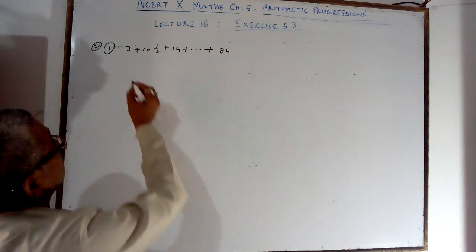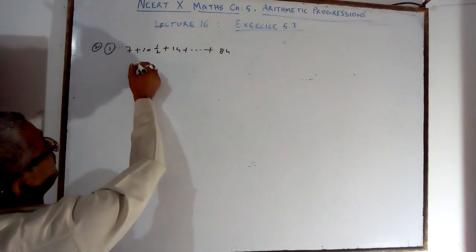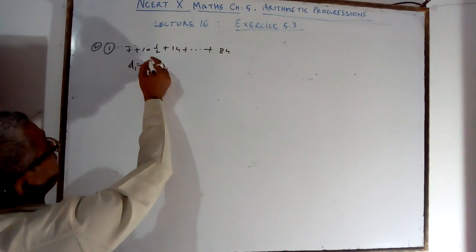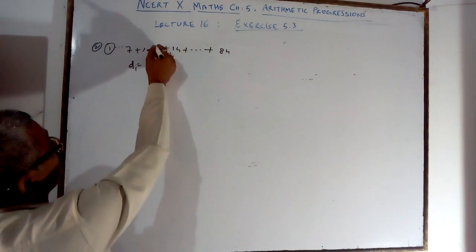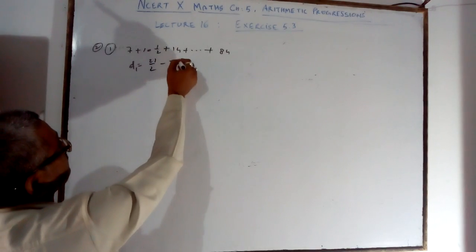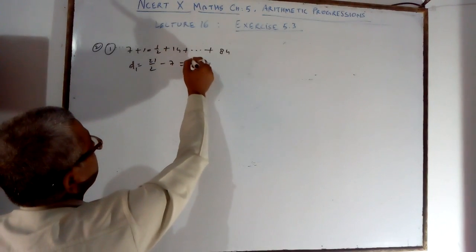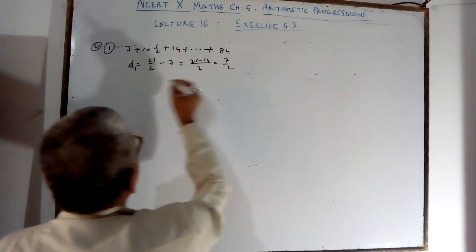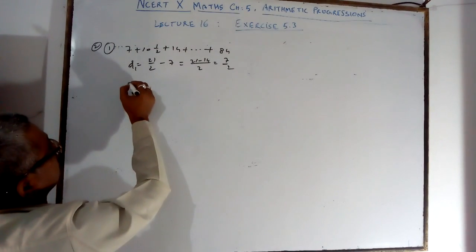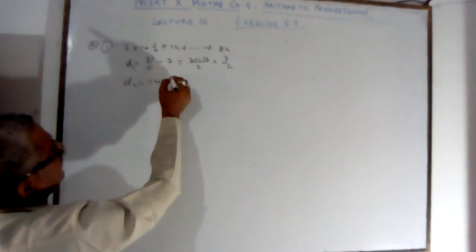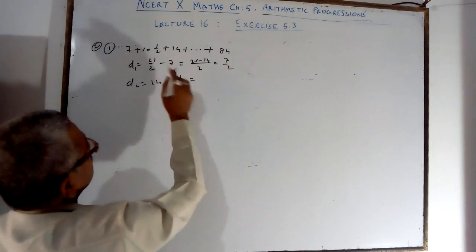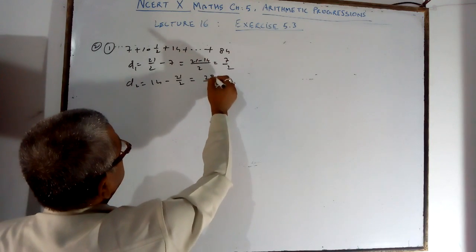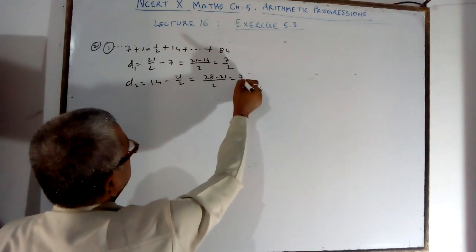If it is not given, first you find out a is equal to 7. Then you find out d1. What is d1? 10 2s are 20, 20 plus 1, 21 by 2 minus 7. So you will get 21 minus 14, 7 by 2. d2 is equal to 14 minus 21 by 2, a3 minus a2, you are getting 28 minus 21, 7 by 2.